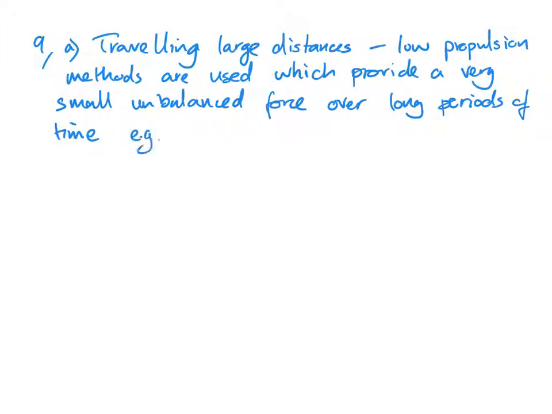Examples of that are ion drive, where you can use either chemical ionization or radioactive ionization, and then you use the repulsion between similar ions, so between positive ions, to actually make things move. And the other one I mentioned the other day, solar sails, not cells, which use the pressure of light.